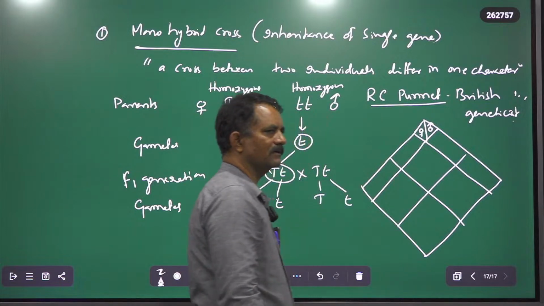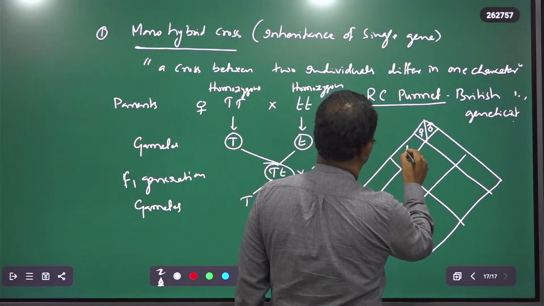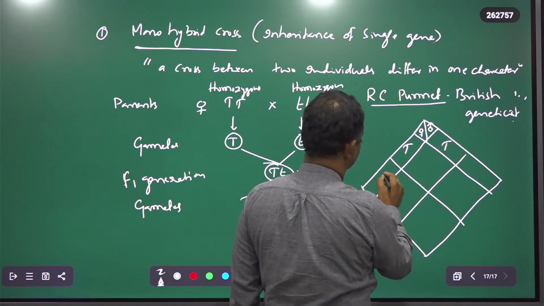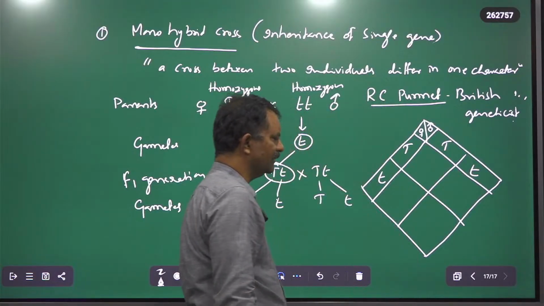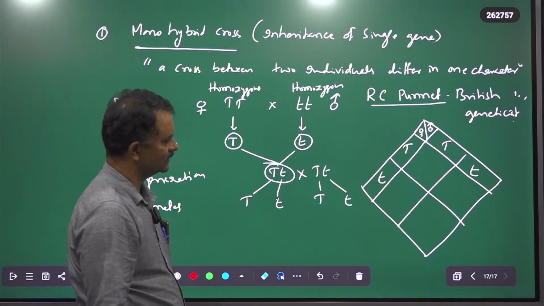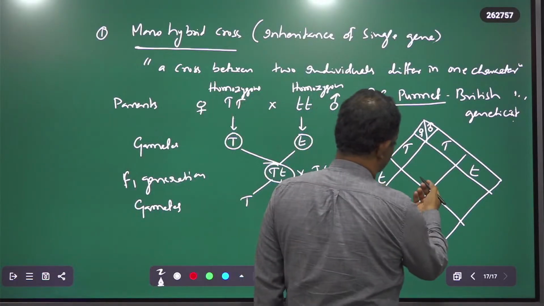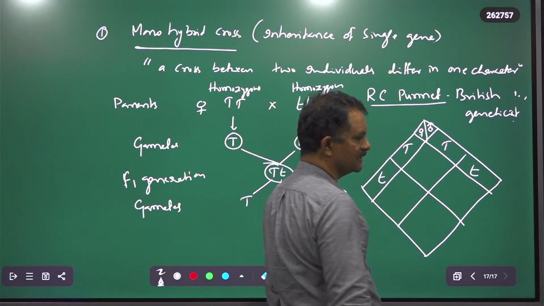On the left-hand and top border we place the gametes, capital T, small t. The probabilities of gametes are shown on the borders, and in the boxes the possible genotypes appear.